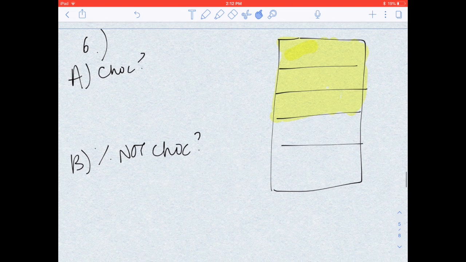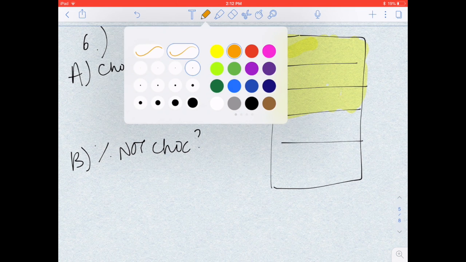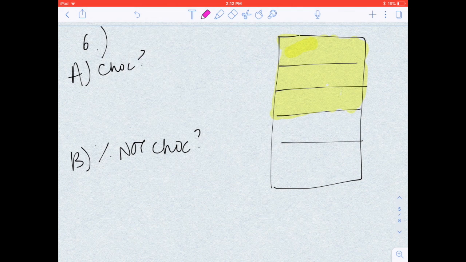All right, number 6. Let's get a new color here. Let's do pink. All right, so on number 6, it says diagram this statement, then answer the questions that follow. 3/5 of the baker's 60 cookies were chocolate chip cookies. Letter A, how many of the baker's cookies were chocolate?